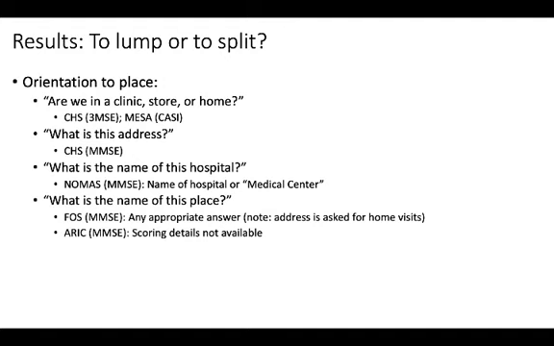So this is the orientation to place, given across several different studies. Sometimes they were given multiple choice. They were asked, are you in a clinic, store, or home? Other times they were asked the address where they were, or just to name the building or the name of the hospital. This is one that I flagged initially. I was concerned about potential differences in the level of difficulty of this item, and of course, it was asked in a different way across the cohorts.